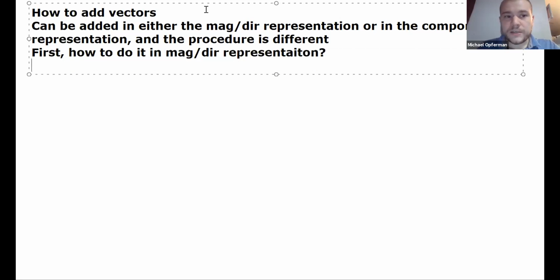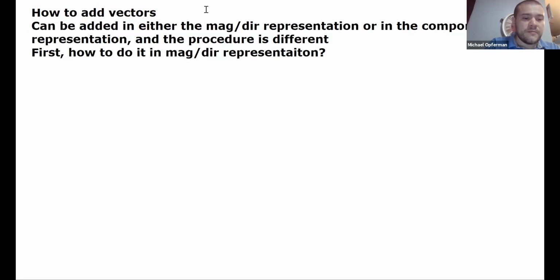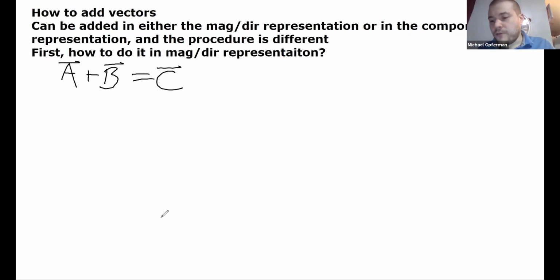So what you basically do is, let's say we're trying to do A plus B. We're trying to add two vectors, A plus B. Okay, let me make that explicit. So let's say we're trying to add A plus B, and we'll call the answer C. So let's say we add two vectors, A plus B, and it gives you C. Here's the basic procedure.